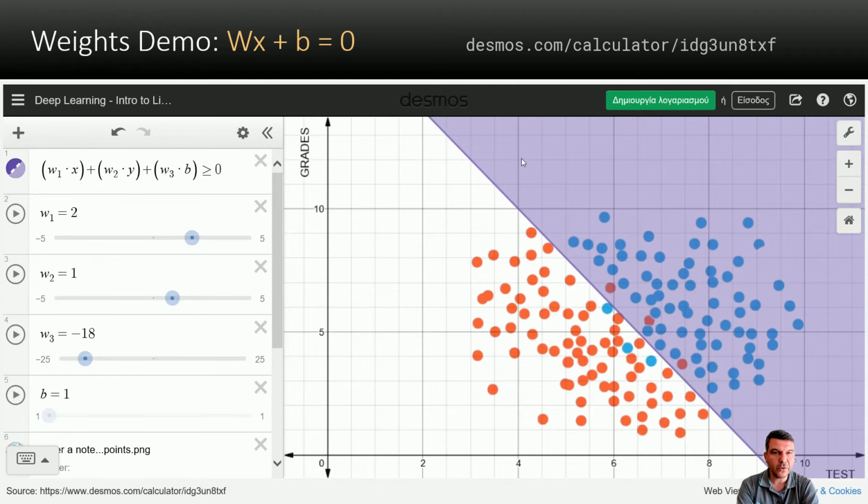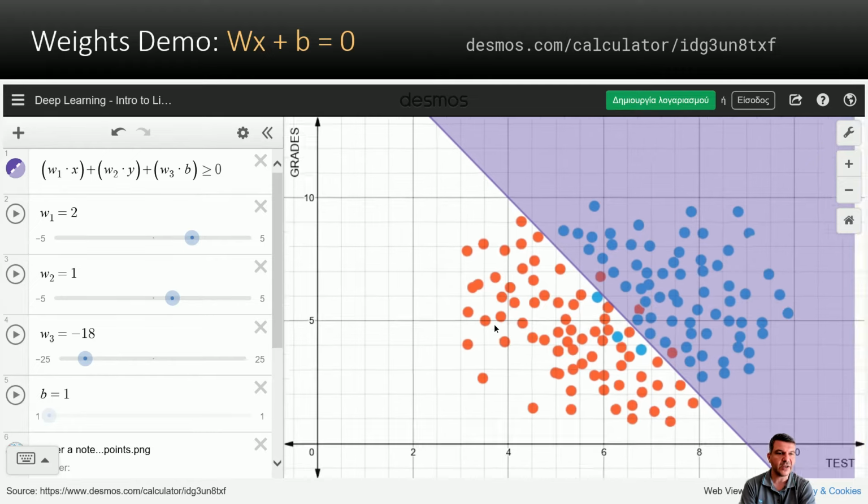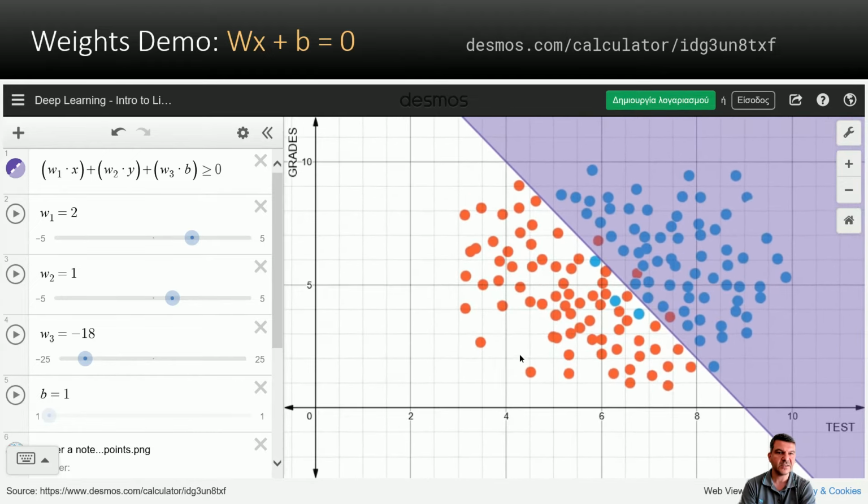You can follow this example by looking at this link here at the top. This is exactly the test grades example, all right?